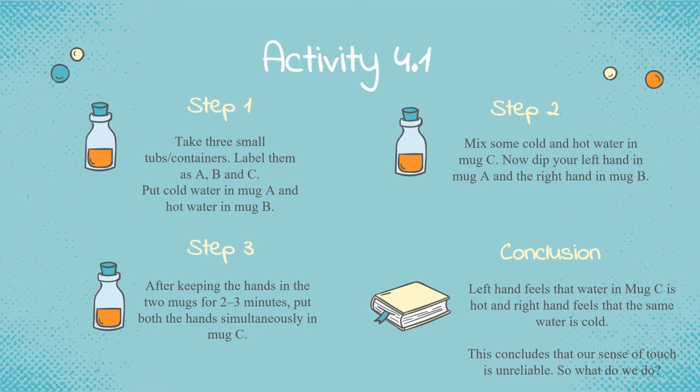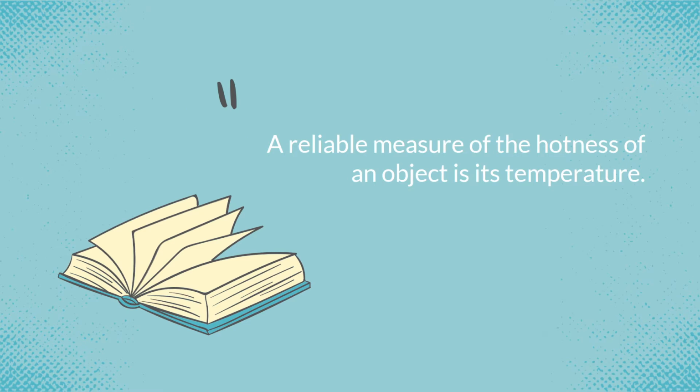So what do we do? A reliable measure of hotness of an object is its temperature. Temperature is measured using a thermometer. I feel like at some point in our lives, we've all seen a thermometer, right? When you get sick or get a fever, your mom always brings you a thermometer to check your temperature.